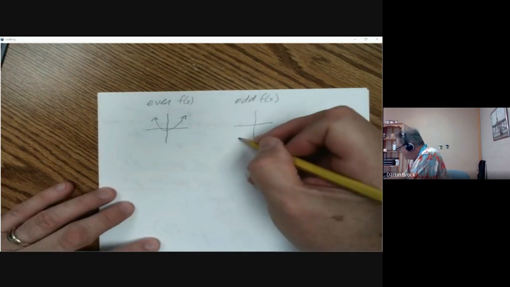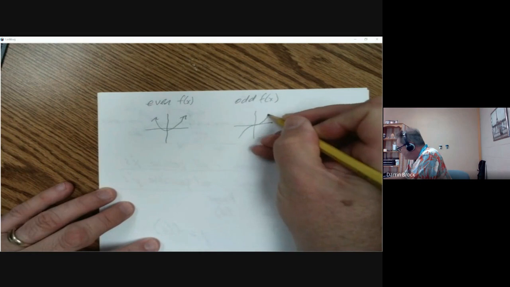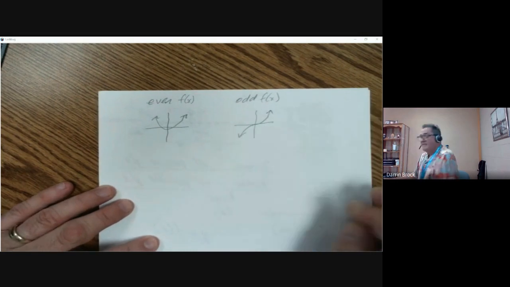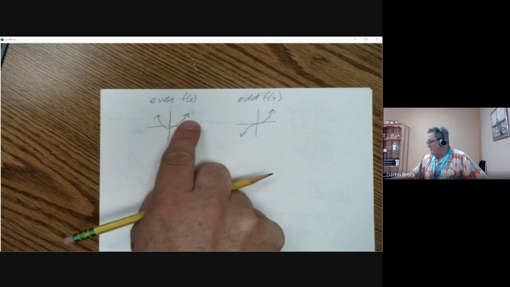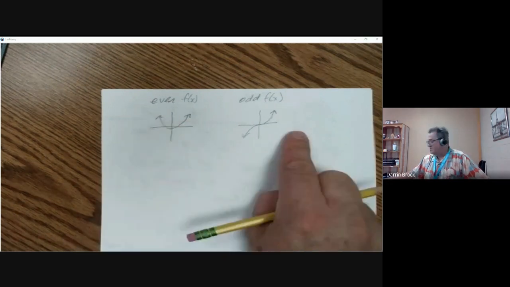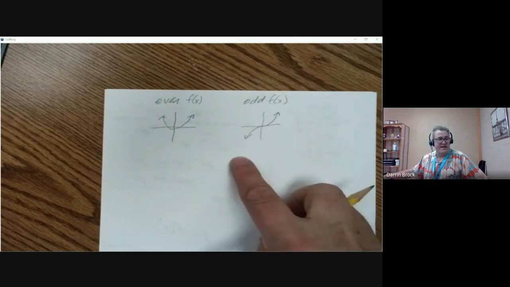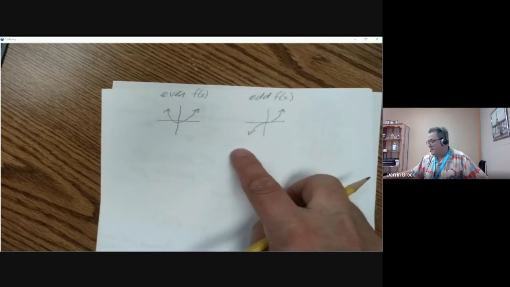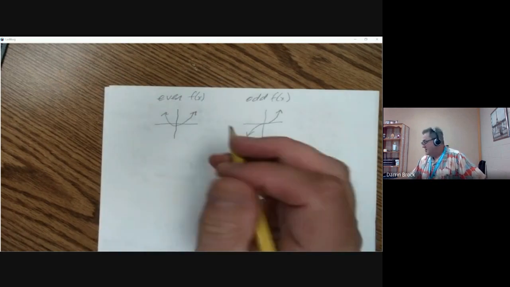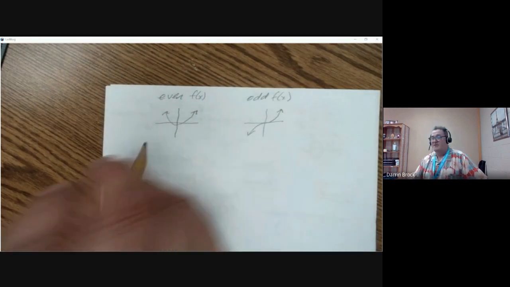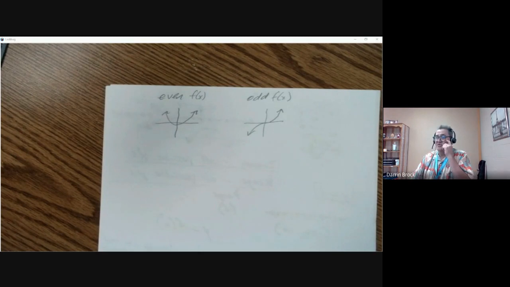An odd function might look like this. Even function is going to have both ends of the graph going the same direction. An odd function is going to have one going positive, one going negative. So that goes to positive infinity, that goes to negative infinity. Both of these go to positive infinity. So this is an even function. It could be upside down and still be an even function. But that's how you can tell on a graph.